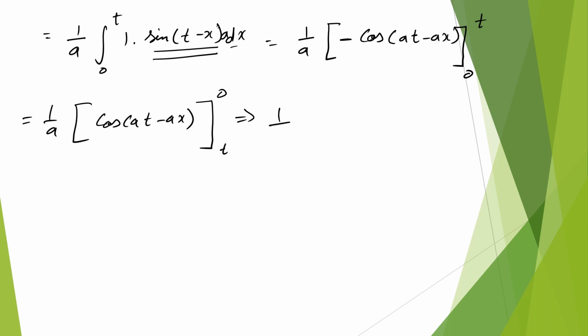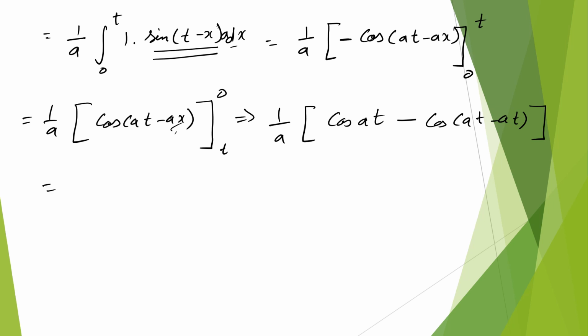Finally 1 by a, substituting the upper limit in x, we get cos(at minus at), that is cos 0, which is 1, minus cos at, because cos 0 is 1.